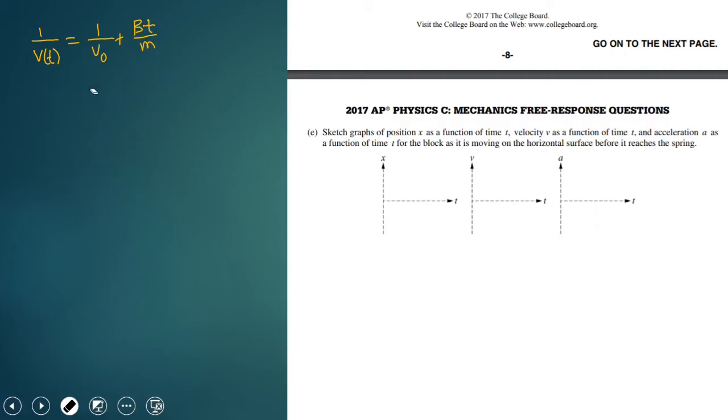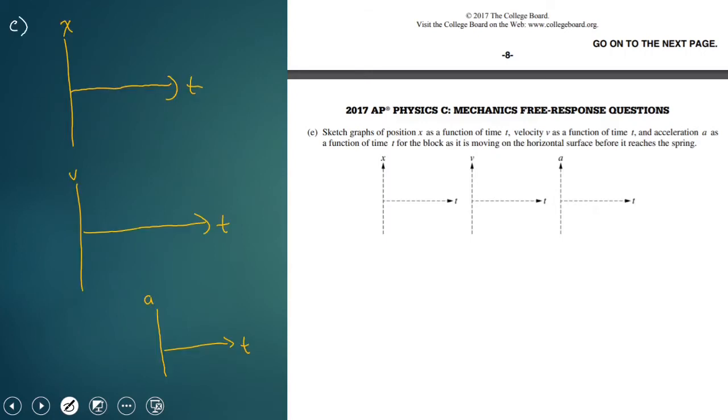So we have a resistive force proportional to v squared, and so we're guaranteed going to get an inverse relationship. So back over here, we start at our velocity v naught, and then we have a transition like so. And so we have this graph.